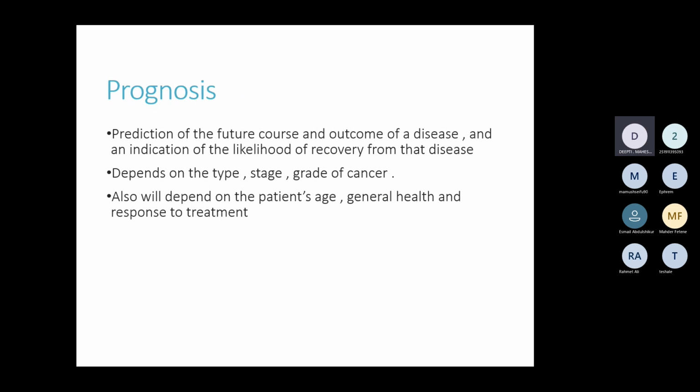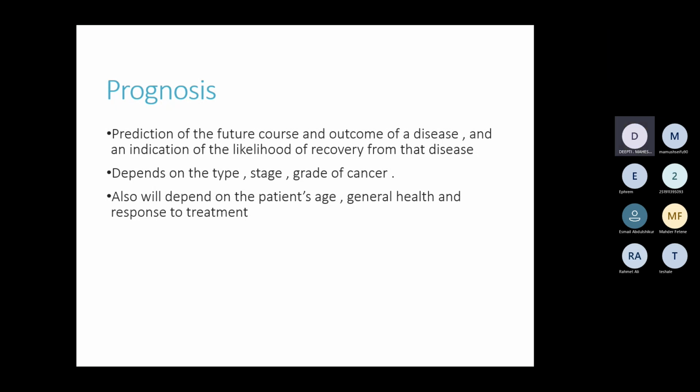Now, what is prognosis and what do you mean by prognosis? Prediction of the future course and outcome of a disease and an indication of the likelihood of recovery from that disease is called prognosis.